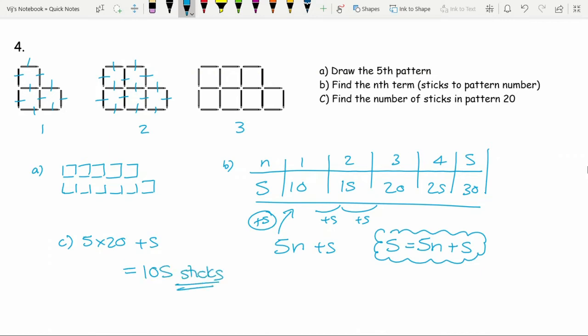Now, as an extension for this, you might get a question where you're asked to work the complete opposite. So a question might ask what pattern number could you make if you had, I don't know, 600 sticks? Let me just go through an example of what that may look like.